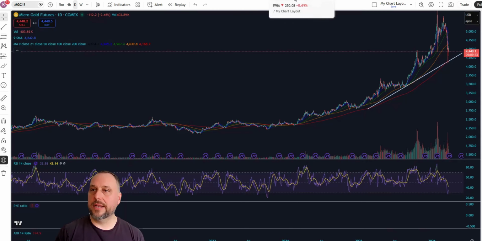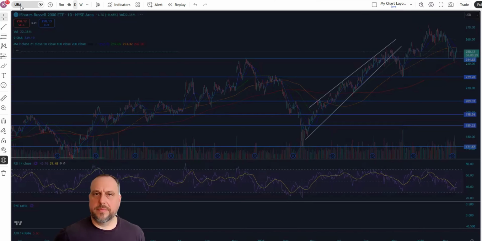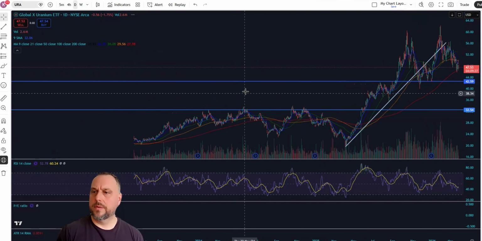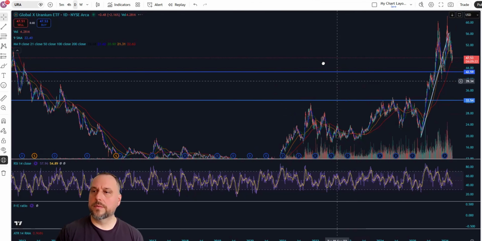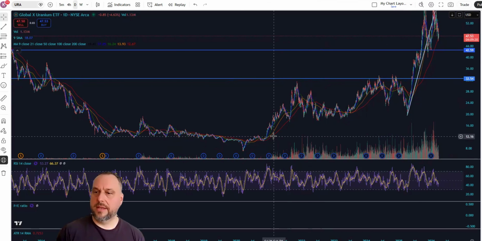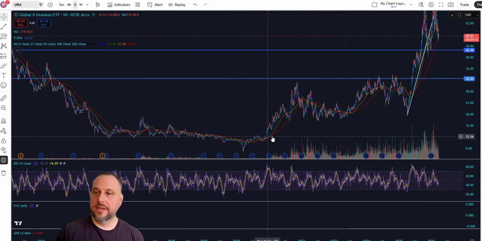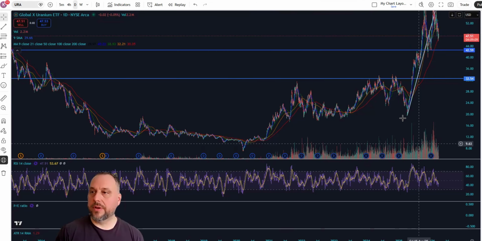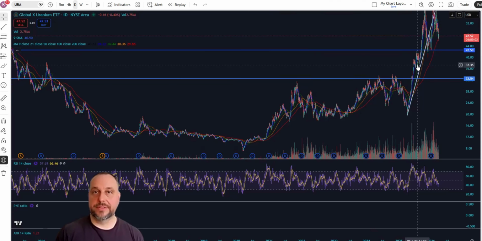Let's go to uranium. Again, you can see here how the volume has come into uranium, and actually uranium has been a hot name for quite a while. We've had a lot of volume, but of course it really went nuts last year with the recovery from tariffs.